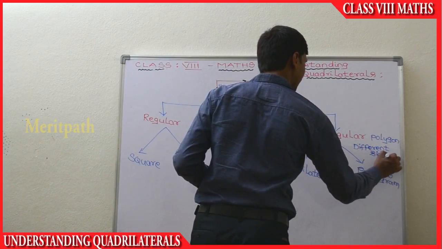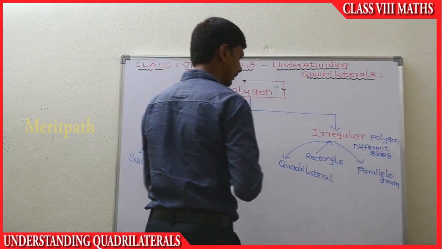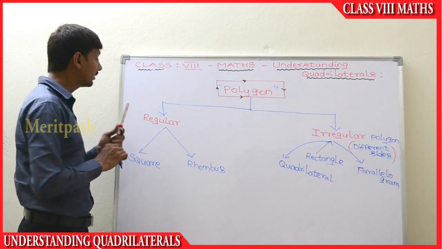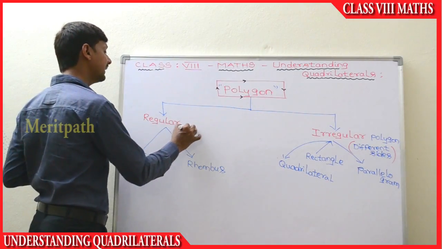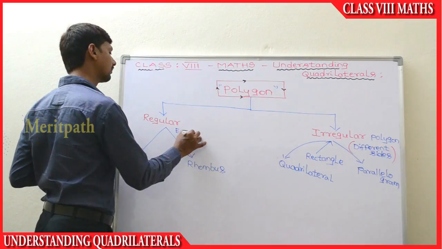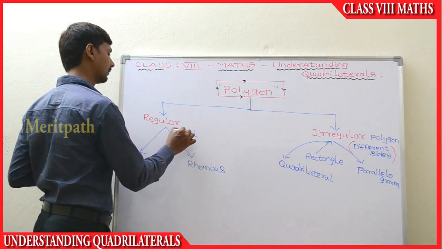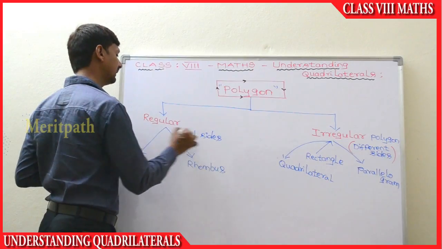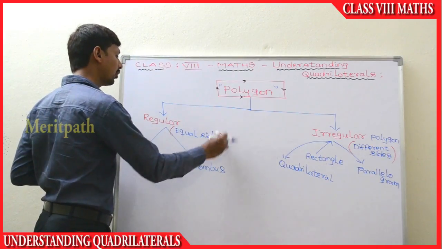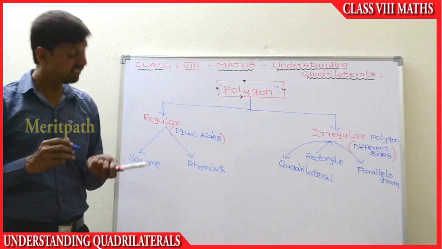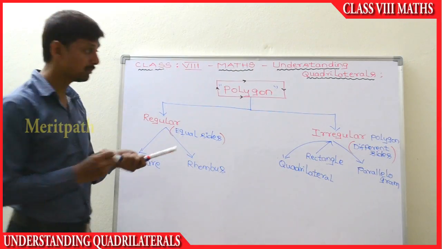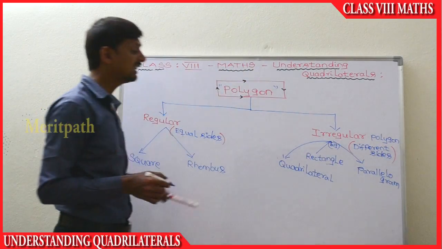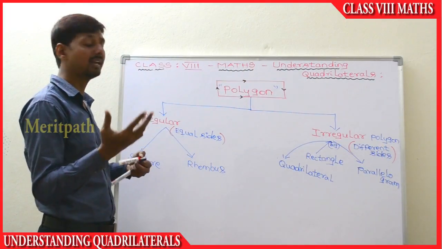A regular polygon is formed with equal sides, and an irregular polygon is formed with different sides. For example, quadrilateral, rectangle, parallelogram are irregular with different sides.